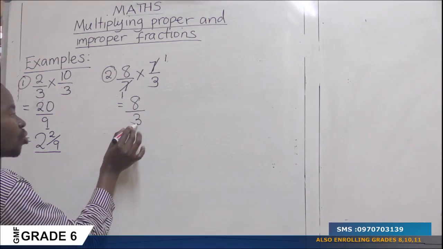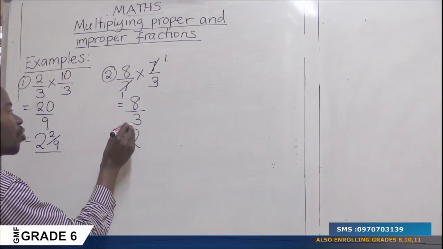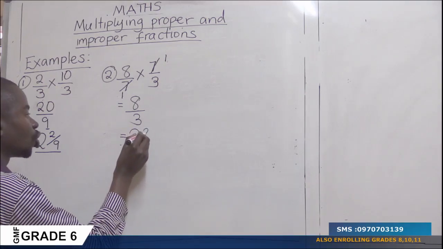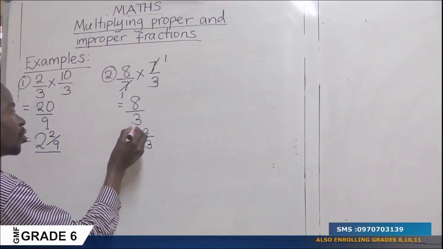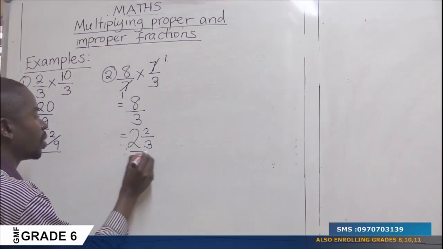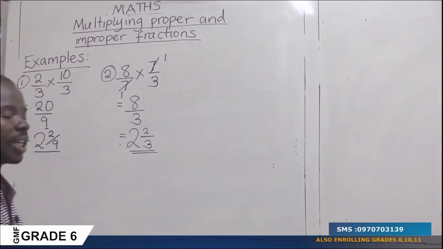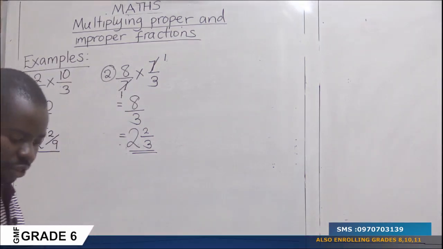How many times does 3 go in 8? It goes 2 times, remainder 2. So this 3 must come down there. That is our answer, which is 2 and 2 over 3.